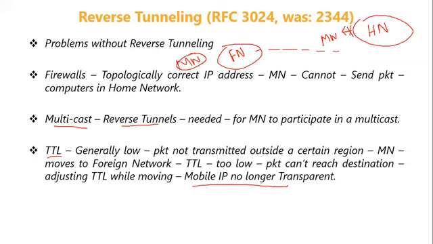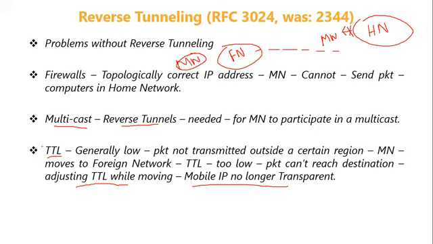If the TTL is adjusted whenever the mobile node moves to a foreign network, then mobile IP is no longer supporting transparency. By seeing that TTL field, some attacker or somebody else will understand whether the mobile node is currently in the home network or a foreign network. So this is also not advisable.